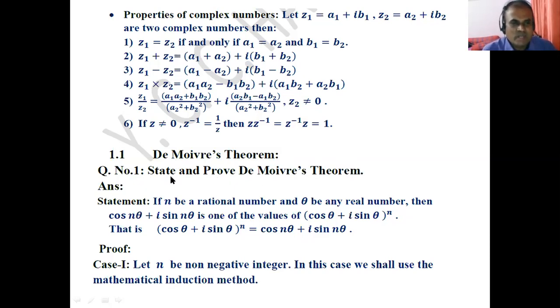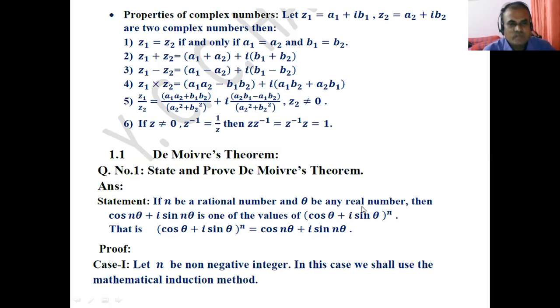Now its answer. First the statement. What is the statement of De Moivre's theorem? If n is a rational number and theta is any real number, then cos of n theta plus i sin of n theta is one of the values of (cos theta plus i sin theta) raised to n.